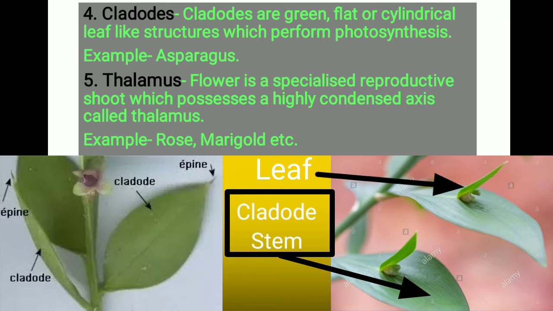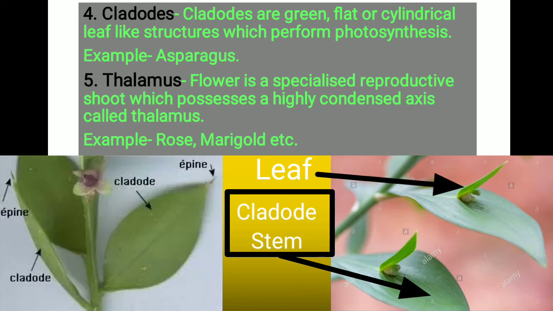That means here the branches don't grow longer, and the stem here takes the shape of a flat green leaf-like structure, and in case of some plants, it also becomes cylindrical. That means the stem part resembles that of a leaf, and this also performs the function of photosynthesis, such as the cladode of asparagus.